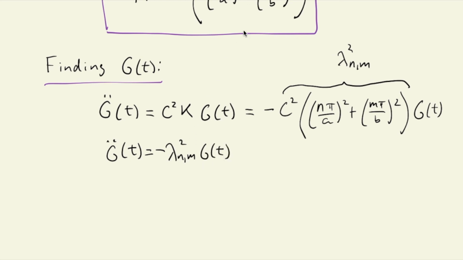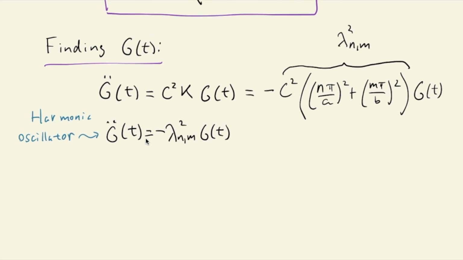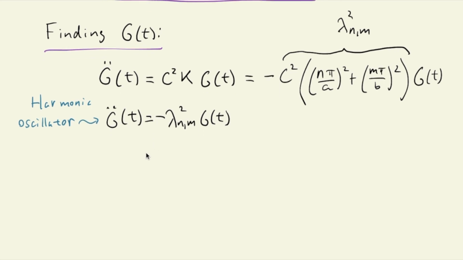This is a harmonic oscillator equation. You can also solve it using the characteristic function type process, but the roots of the characteristic equation here will be purely imaginary. That's when you get a harmonic oscillator. But the important thing is that we find these solutions.